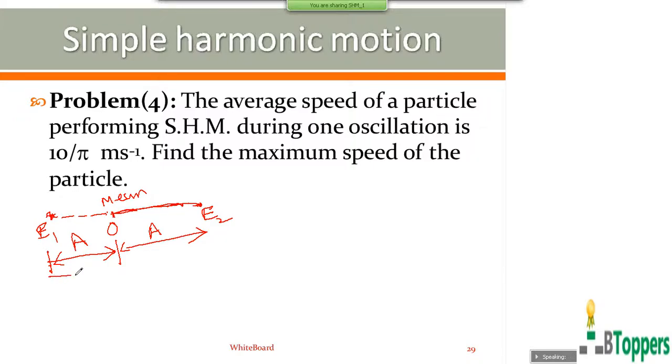So the distance traveled for one oscillation is equal to 2a plus 2a, that will be 4a.